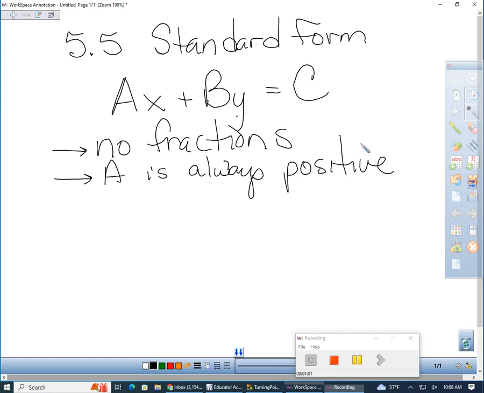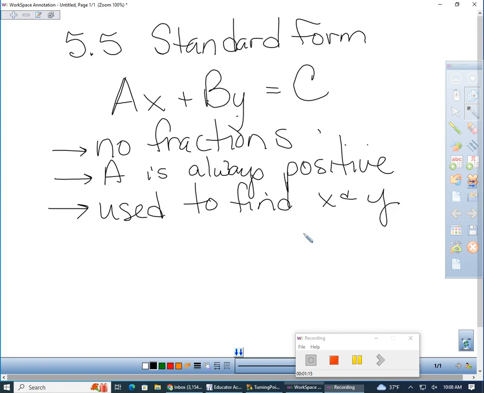We're going to talk more about that in a little bit, but what we use standard form for is to find x and y intercepts. An x-intercept is the point where it crosses the x-axis, and the y-intercept is the point where it crosses the y-axis. That makes sense, right?